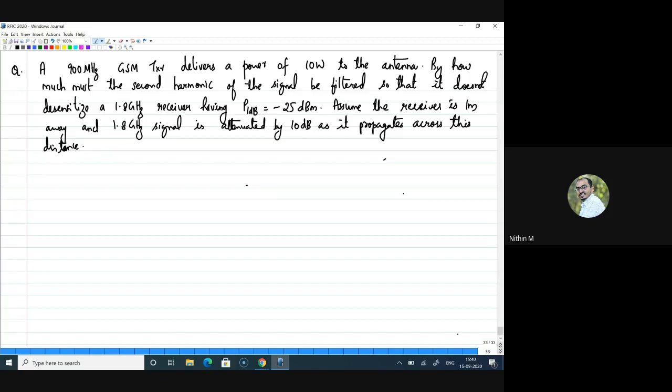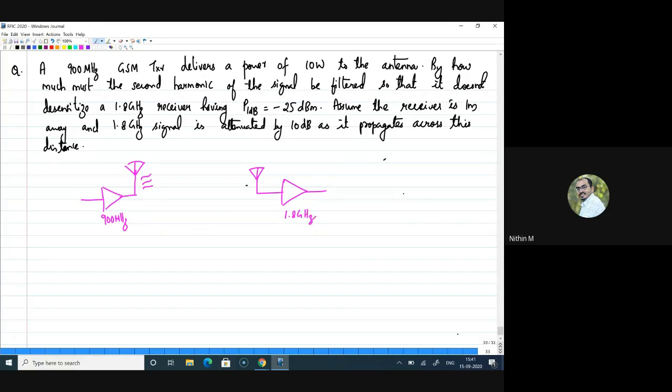Let me give this picture. You have a transmitter, and the final stage of a transmitter will be a power amplifier. This transmitter is operating at 900 megahertz and delivering some power, say 10 watts. At a distance of 1 meter, you have a receiver whose first stage is an LNA, and this receiver is operating at 1.8 gigahertz.